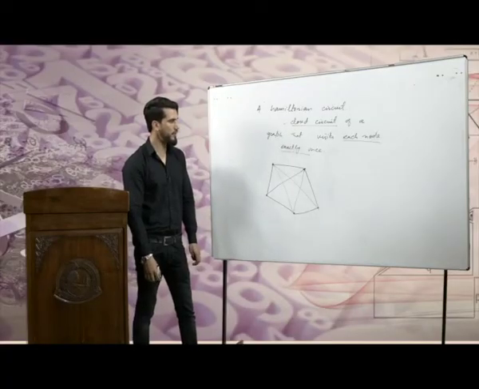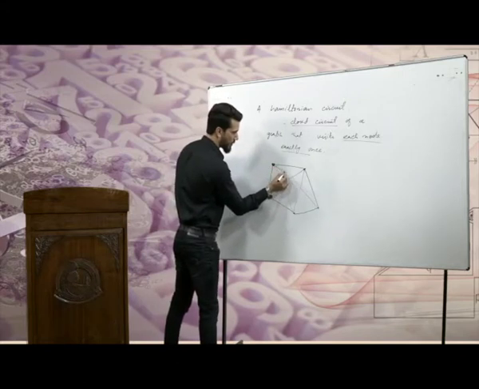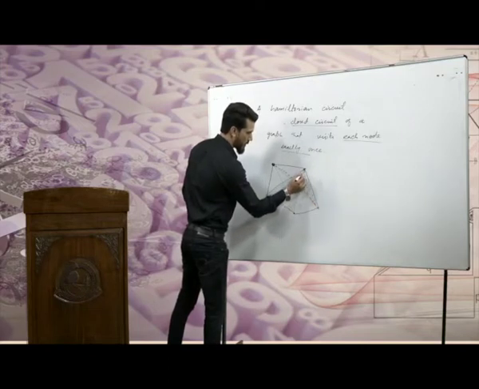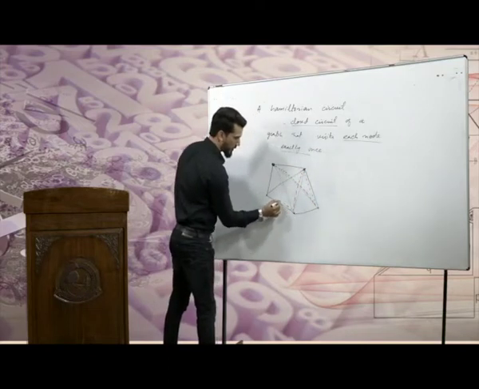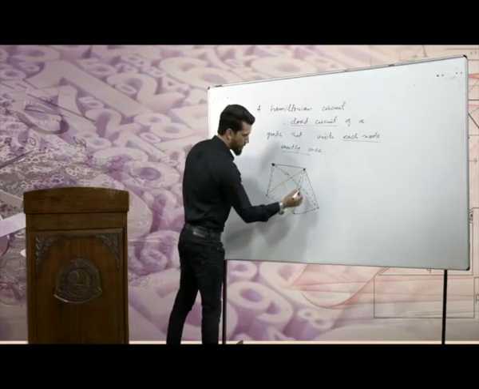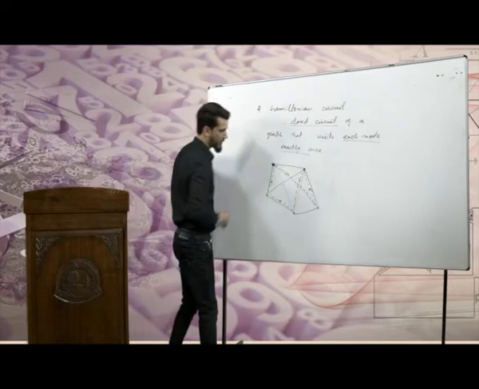A Hamiltonian circuit would be if we start with this node here, go to this, and then go to this, and then go back to this, and here, and here. So this will be one of the Hamiltonian circuits.